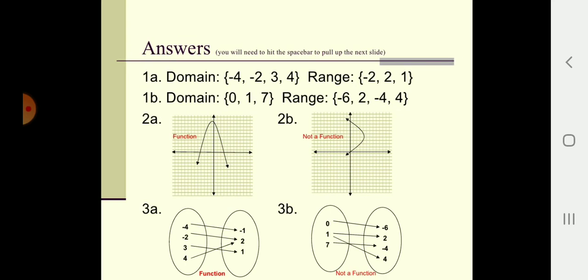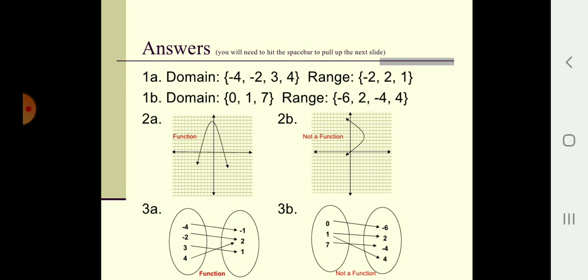Number 3A is a function, because negative 4 connects to negative 1, negative 2 connects to 2, 3 connects to 1, and 4 connects to 2. So that is a function.